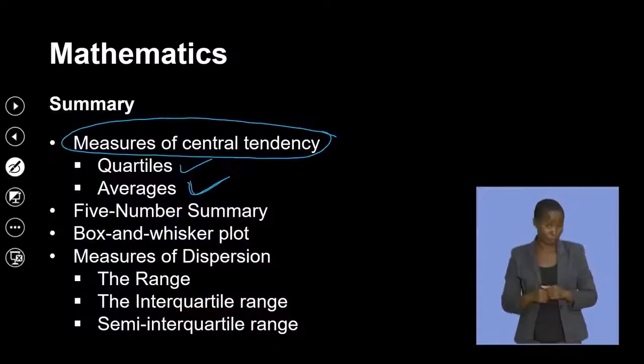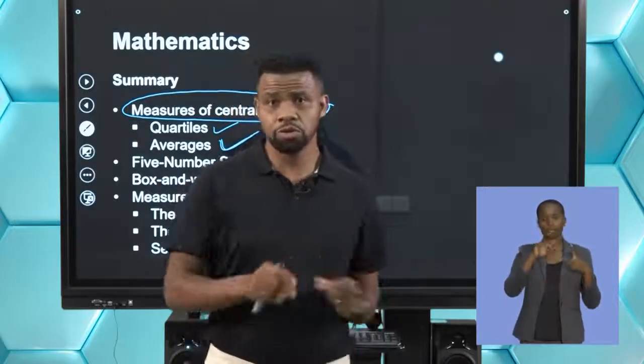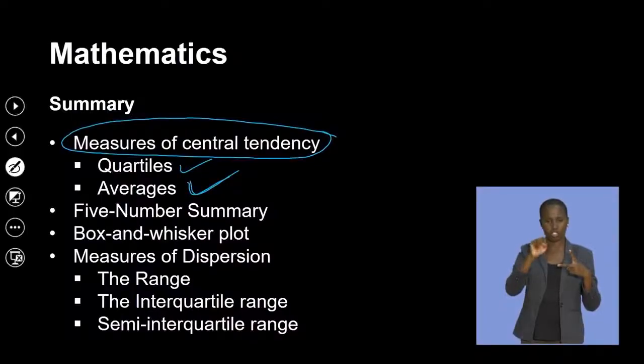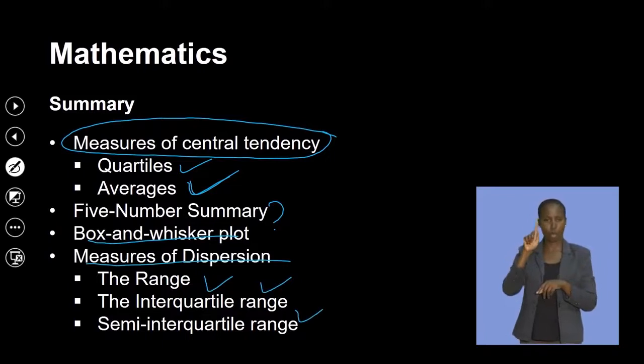Then we looked at averages, which is mode, median, and mean. We also looked at grouped data. Then we looked at the 5-number summary, which links to the whisker plot, and the measures of dispersion: range, interquartile range, and semi-interquartile range.